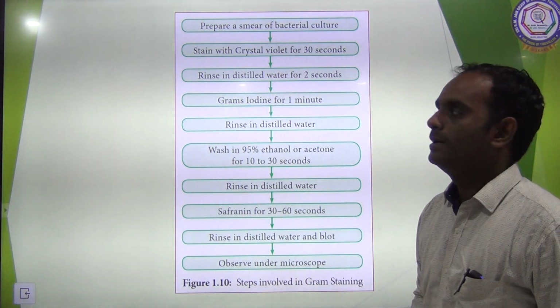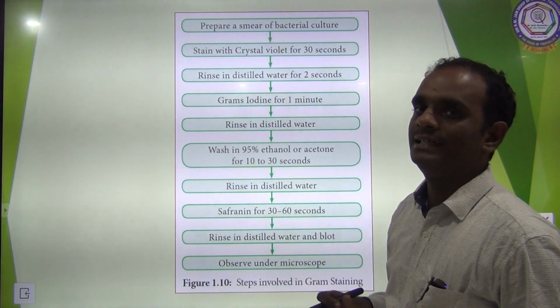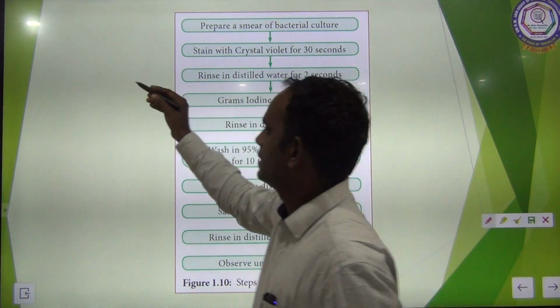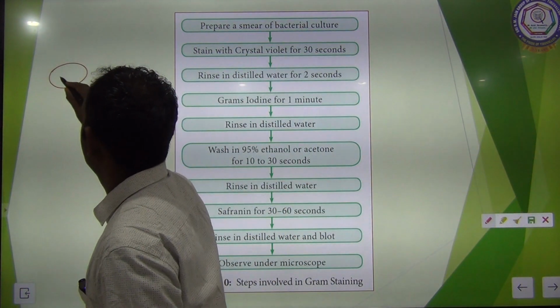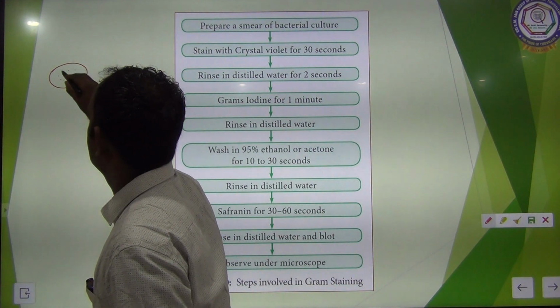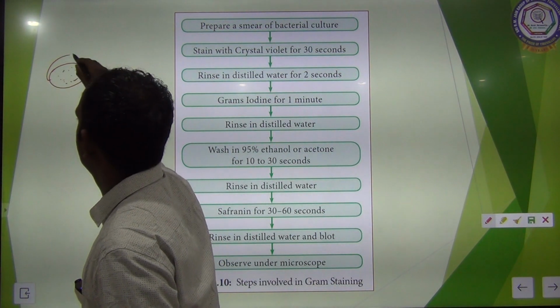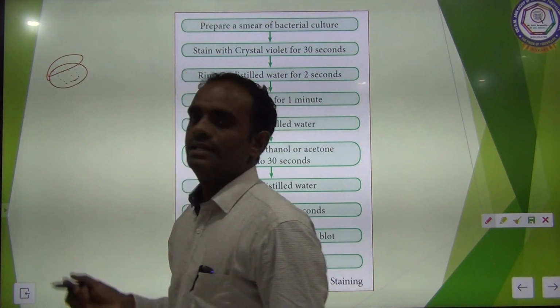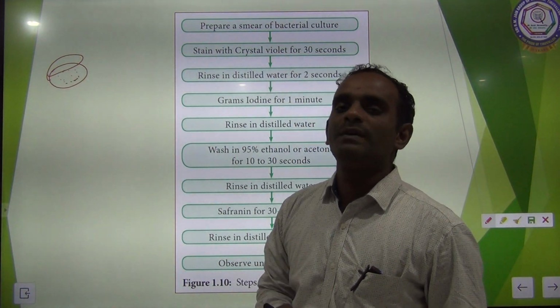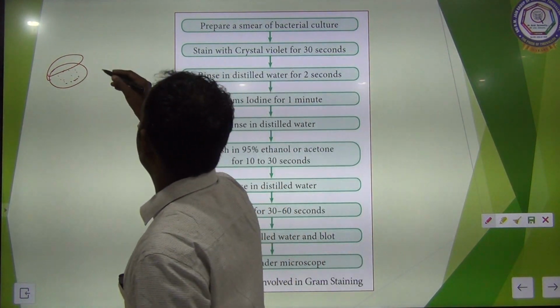The first one, prepare a smear of bacterial culture. See, children, think that it is a Petri plate containing bacterial culture.